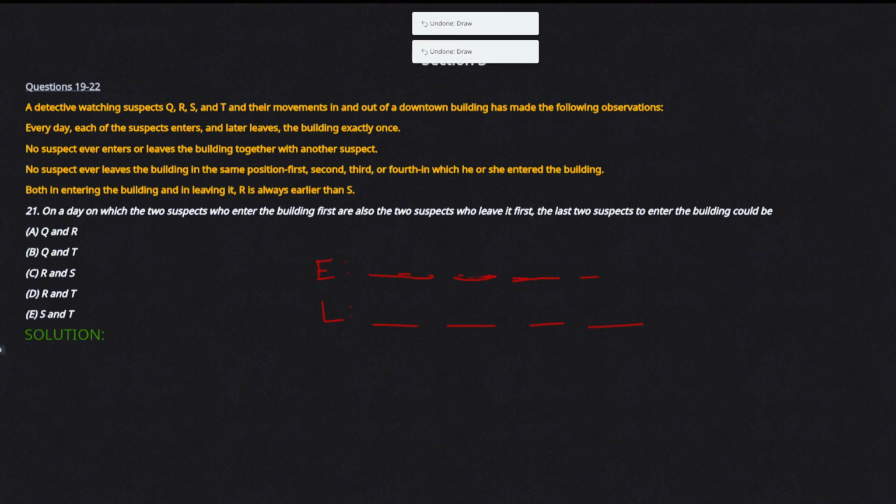Now, we've already established that S cannot be one of the first two. So S has to be one of the last two. So now let's go over to the options. Here we don't have an S, so this is a cross out. Here again we don't have an S, it's a cross out. At option D we again don't have an S, so this is a cross out as well.